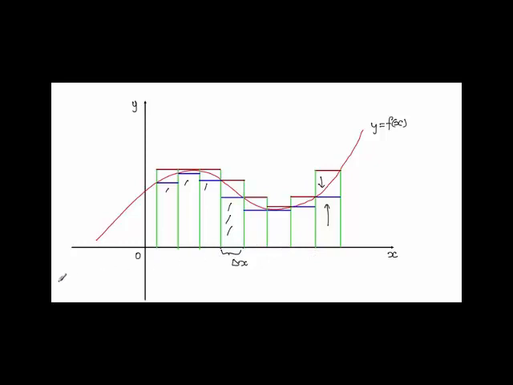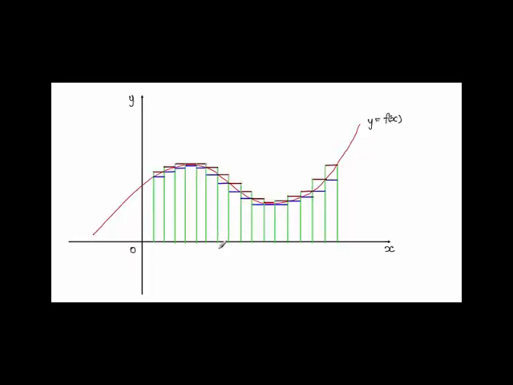So in other words, if we get more divisions, like you can see here, now change x is even smaller. What happens is that the area which is in excess here, though it's more, is decreasing towards the area under the curve. And the area below the blue segments is also increasing.